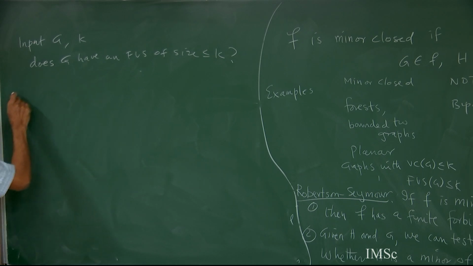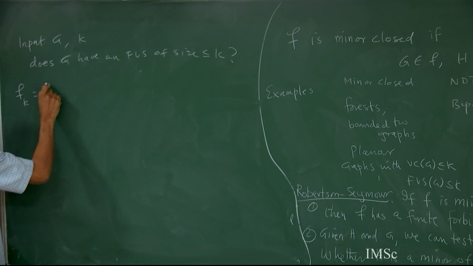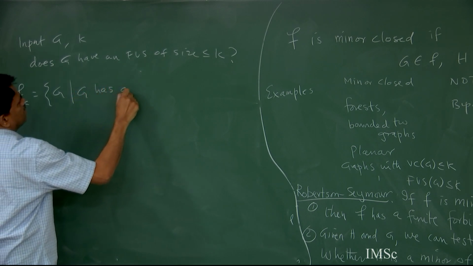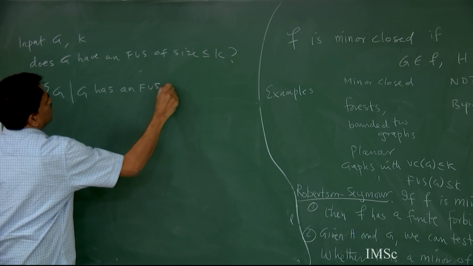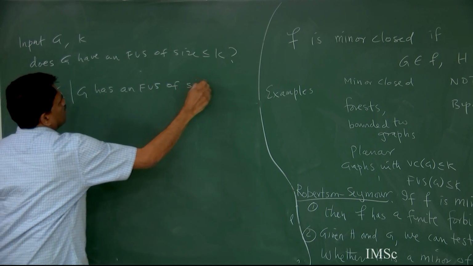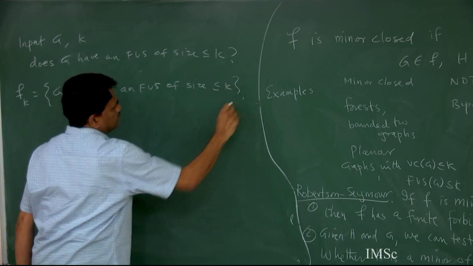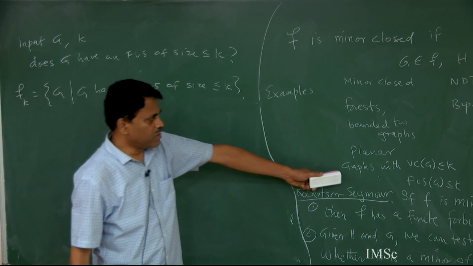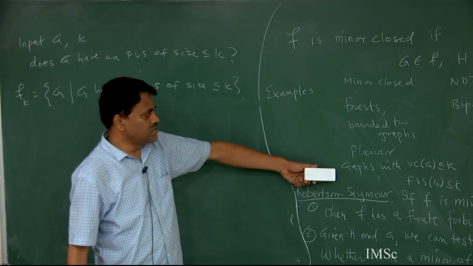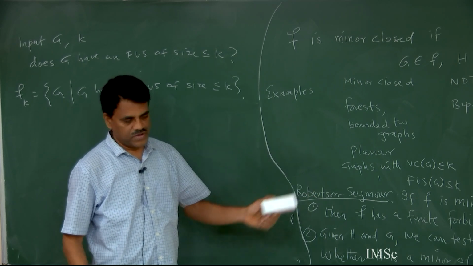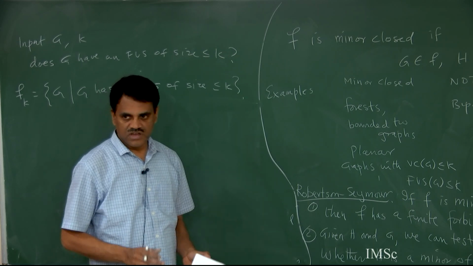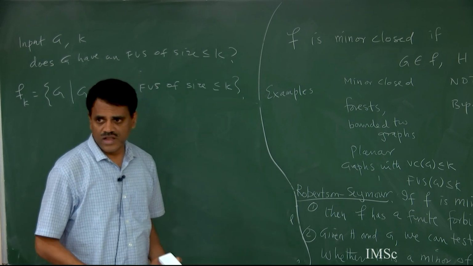So let me define this family F_k, all G such that G has an FES of size at most k. Since we checked, this is a minor closed family, because if a graph has k vertices whose removal makes it a forest, then any minor of it will also have that.